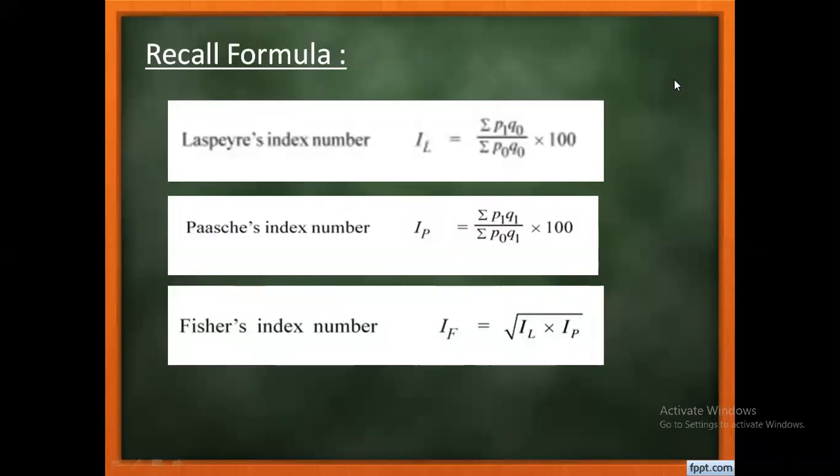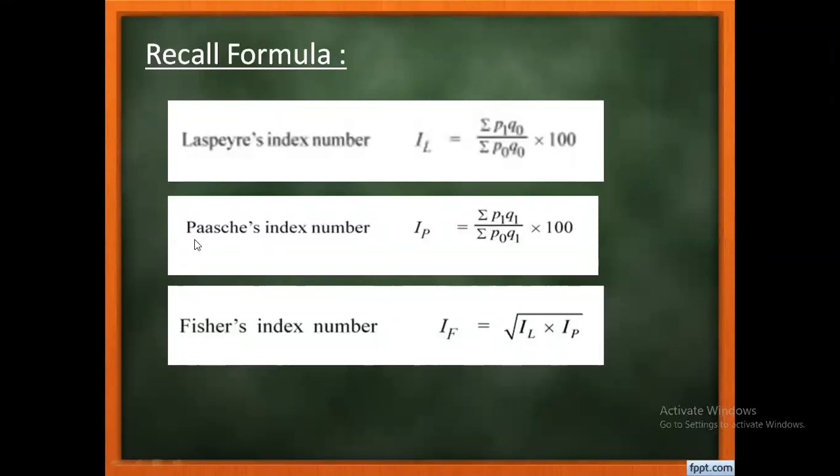So let's just recall our previous video. In the previous video, you have learned three important formulas of this chapter. The first one, Laspeyres' index number IL is equal to sigma P1Q0 upon sigma P0Q0 into 100.